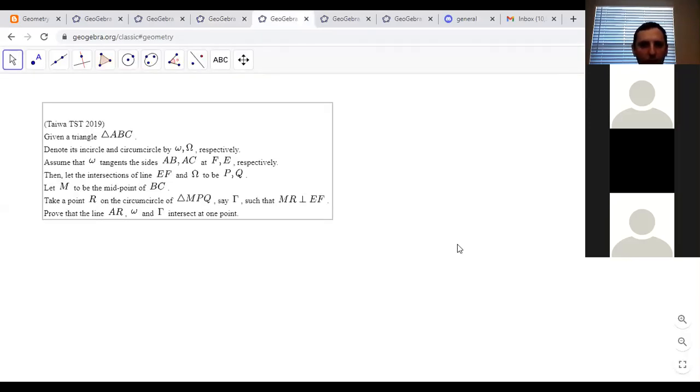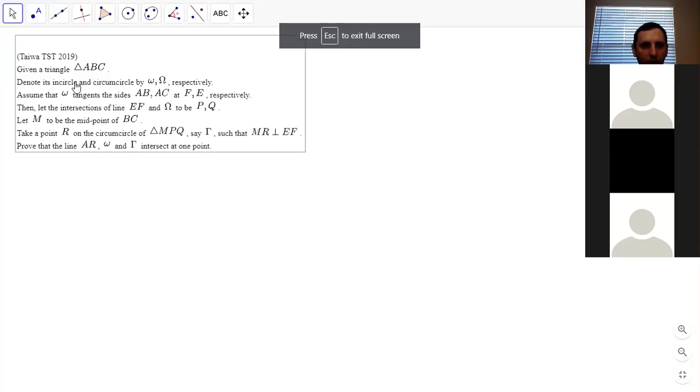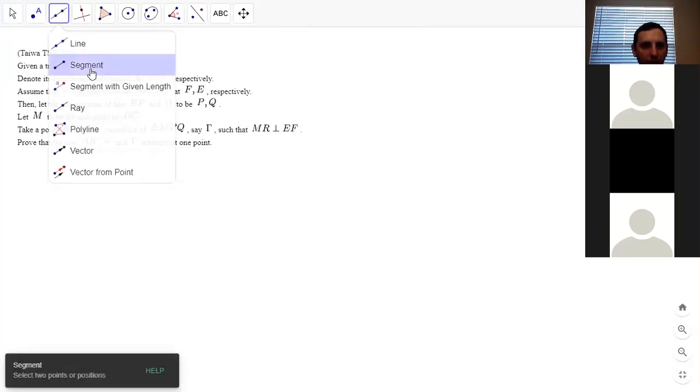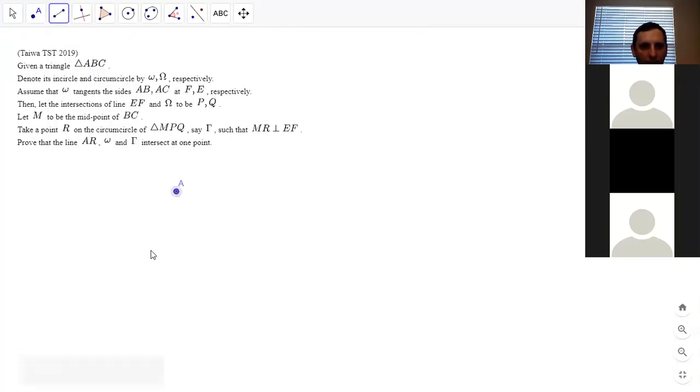Okay, so we have a triangle ABC, and we draw the incircle and circumcircle.